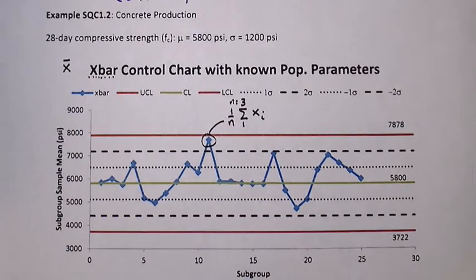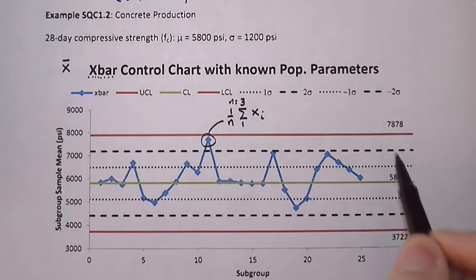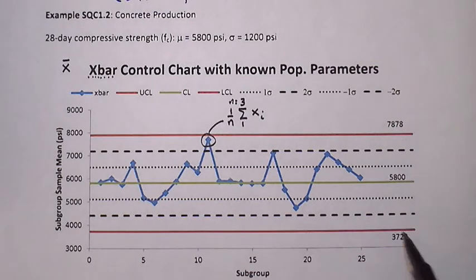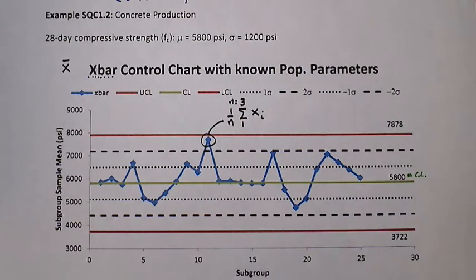Now, the other aspect that you see here are these horizontal lines, a variety of different ones at work here. The one that's right down the center is our center line of 5,800, and you'll notice that in this specific case that center line value is also the same as our population mean.